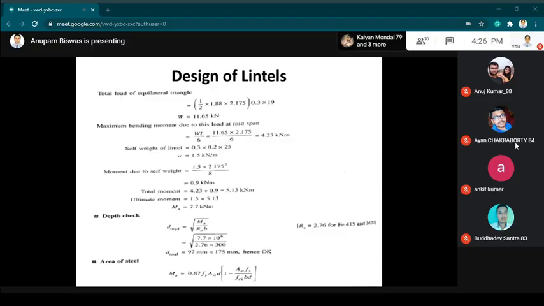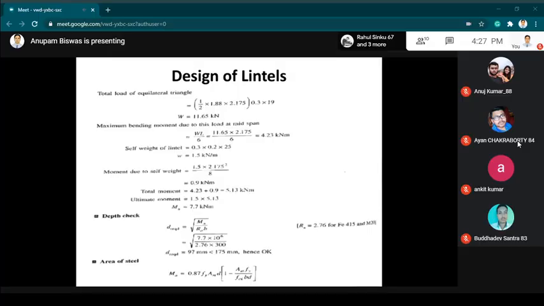Next is your total load. The total load of the equilateral triangle is to be found out. So the total load of the equilateral triangle is half into base into height. So half into 1.88 into 2.175 into gamma into the width of the wall, that is 0.3.